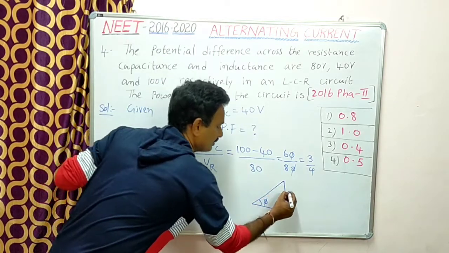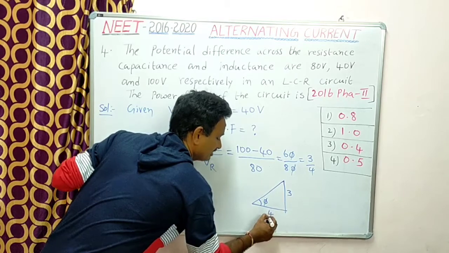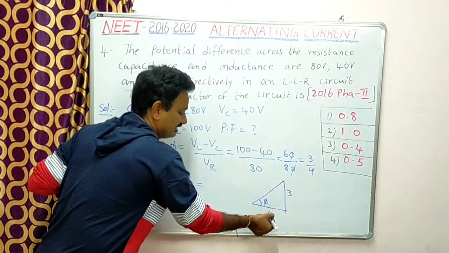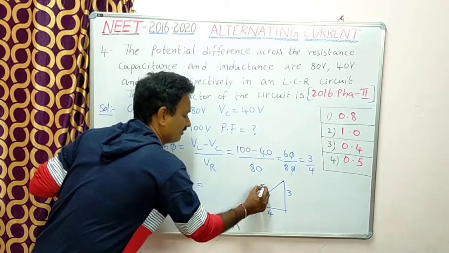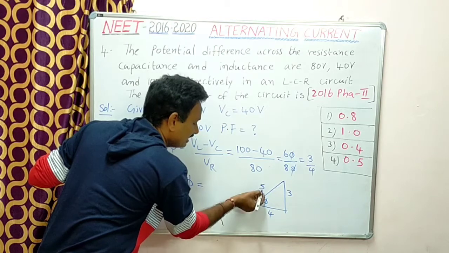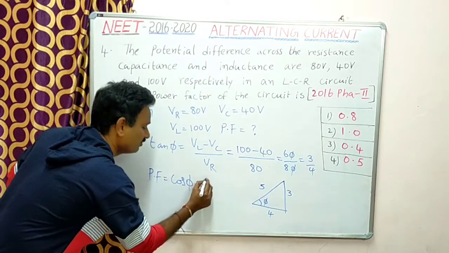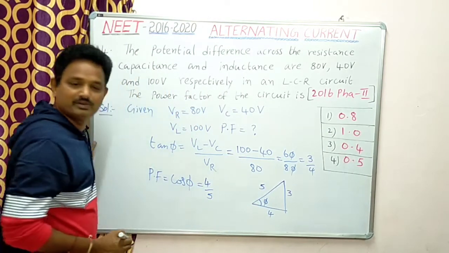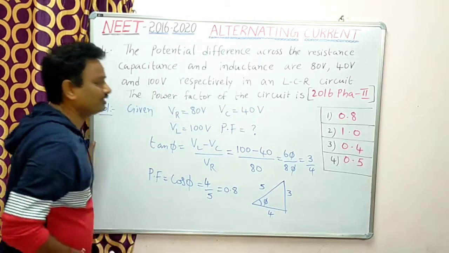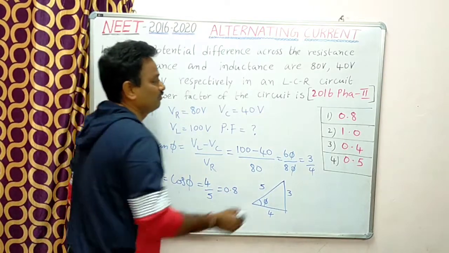Tan phi means opposite side by adjacent side. So in right angle triangle, two sides 3, 4 means hypotenuse will be 5. So cos phi equal to adjacent side by hypotenuse. That is 4 by 5. 4 by 5 means 0.8. So the answer is first option.